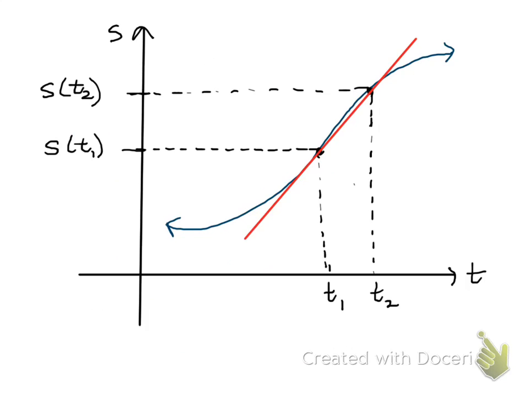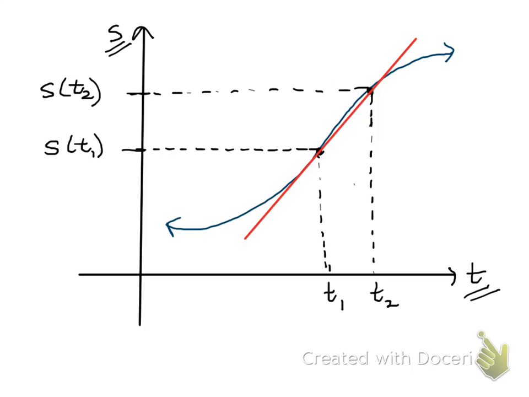Now we can alter the problem just a little bit, and instead of having just a general function, say that our function is actually a position function, and we're talking about position graphed over time.